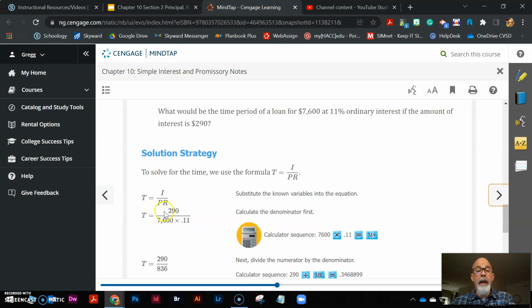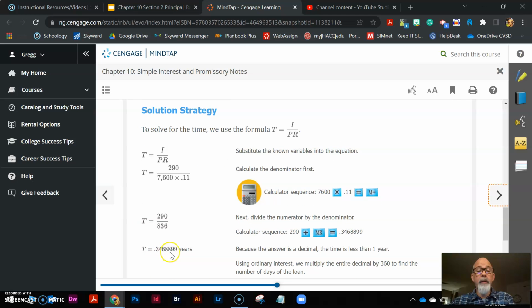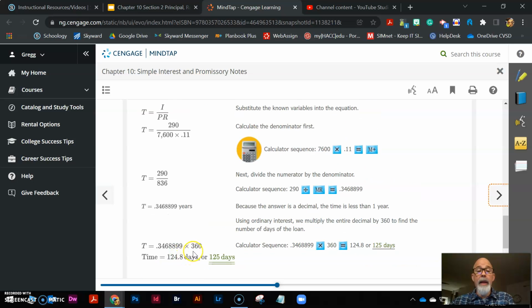Once I come up with this answer, I get 0.346899 years. However, because they want that in number of days, you have to multiply that by 360. You get 124.8, and because 0.8 is bigger than 0, you simply round that up to 125.